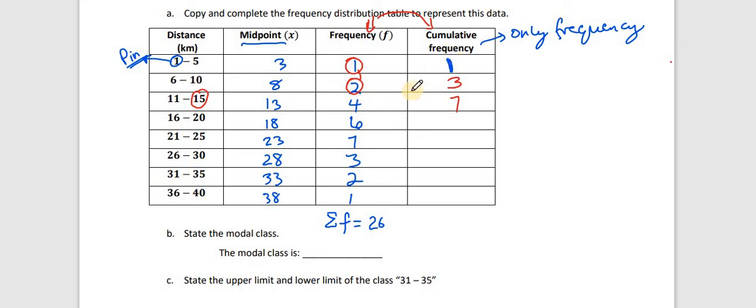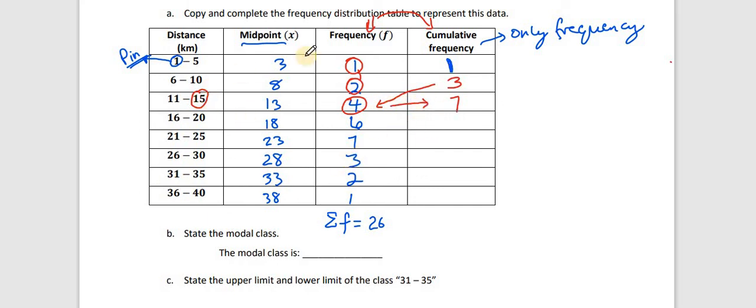So in this class we have 1 person, in the second class we have 2, in the third class we have 4. So in the 3 classes we just did, we have 1 plus 2 plus 4, that's 7. All we can do is simply add the 3 previously to the 4, and we get 7.